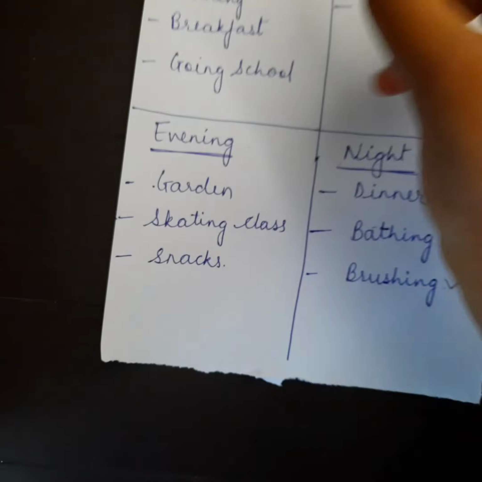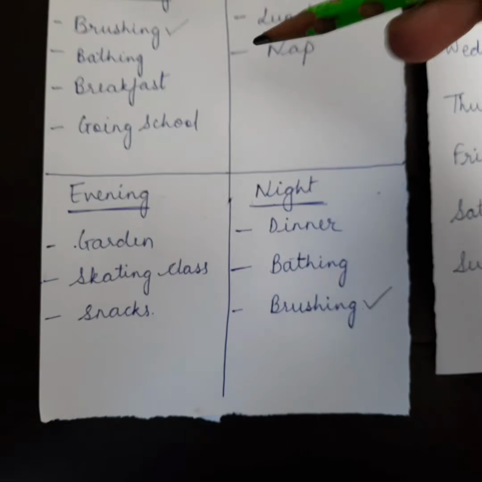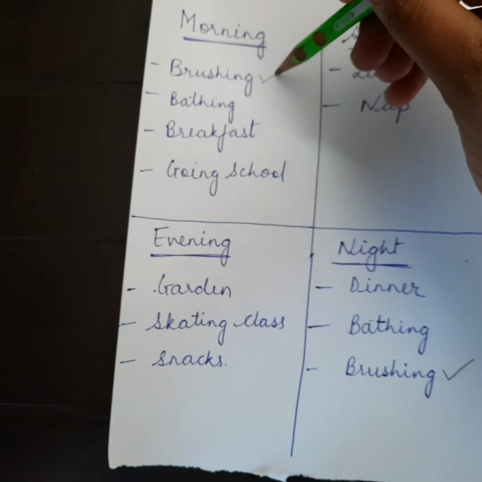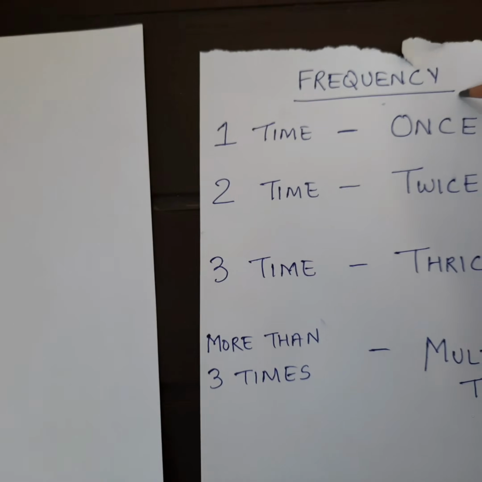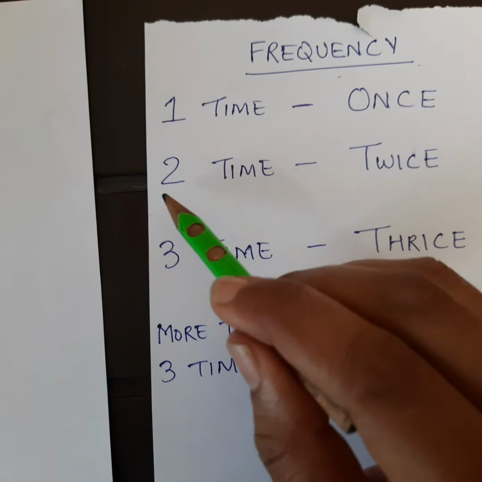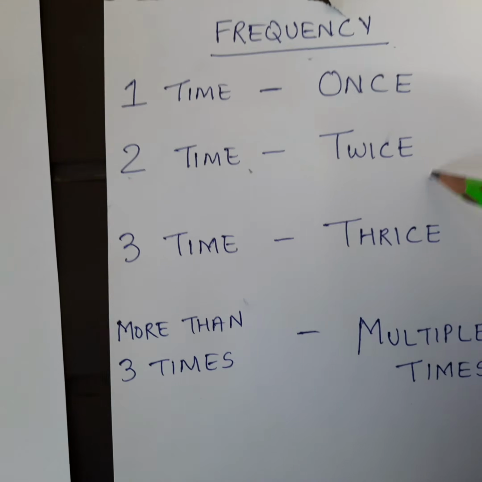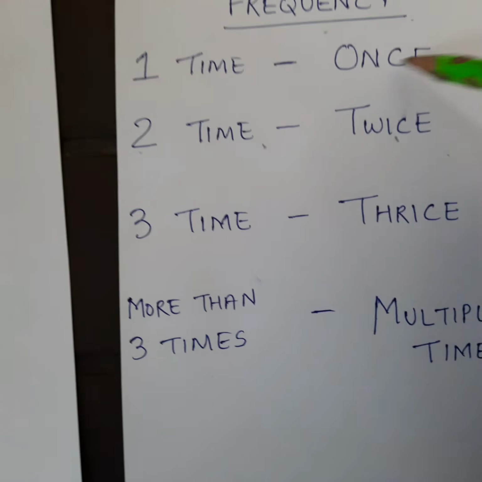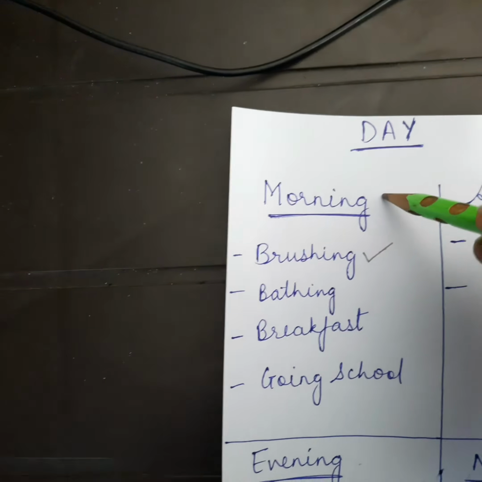Then I'll ask him to count how many tick marks he did. This is 1 and this is 2. Then he has to refer to the frequency sheet where it's written 2 times means twice. So here he has to get that word: twice in a day.